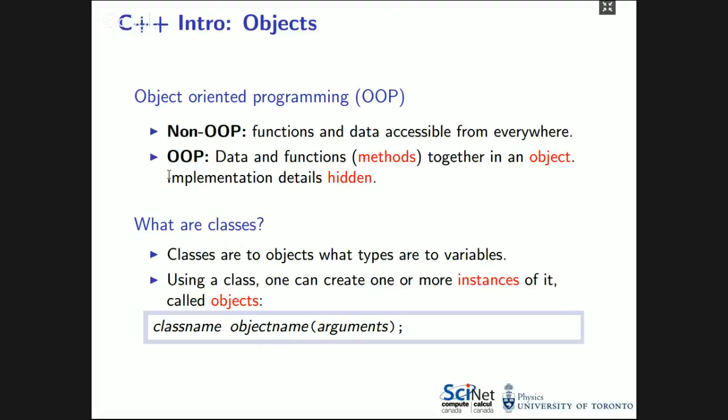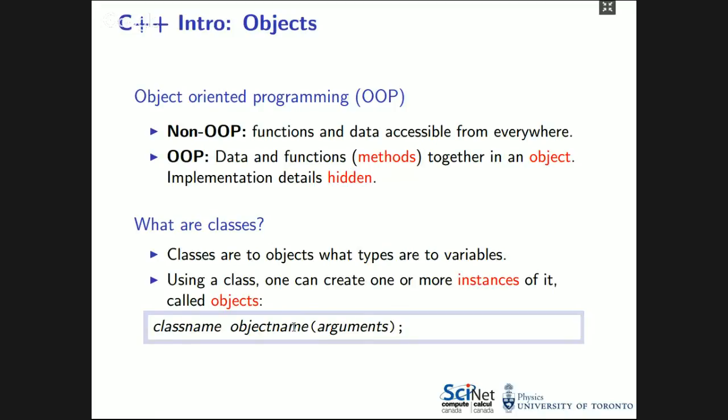Classes belong in the same idea of object-oriented programming, but the idea is fairly simple. An object is a variable that exists, a class is a type of object. So just as you would define a variable by saying its type and then its name, for objects you would say the class name rather than the type name, and then the name you want your object to have.